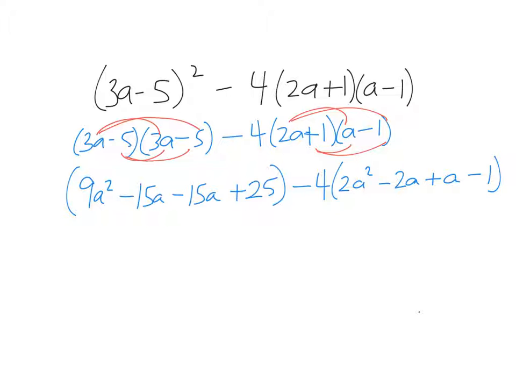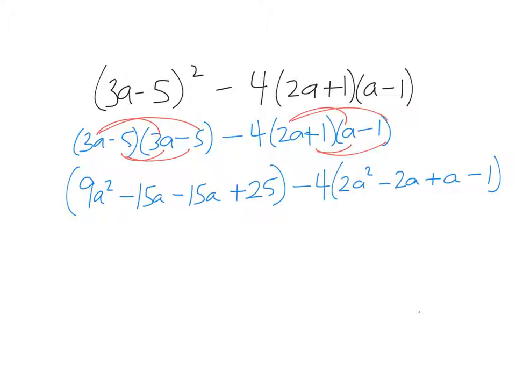Okay, so there's no way, trust me on this, there's no combination of arrows that you can draw that include the 4 that would make this one step. Okay, you have to do it like this, where you multiply those two things together and then multiply the 4 through afterwards.